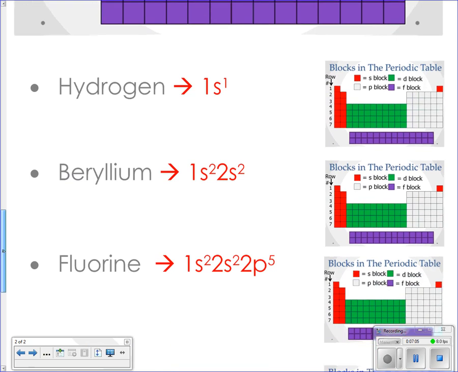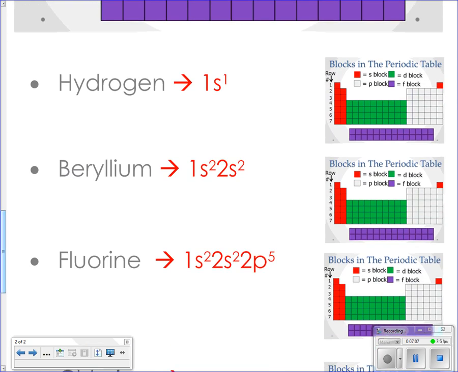So let's take a look at hydrogen. Hydrogen is located right here on the periodic table. It's the first element, so the energy level is 1. It's in the S block, and there's just one electron there. So the electron configuration would be 1s1. 1 stands for the energy level.